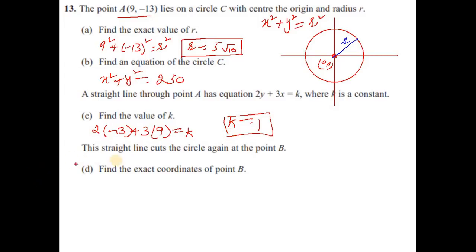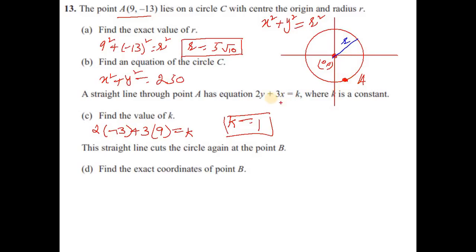The straight line cuts the circle again at the point B. Find the exact coordinates of the point B. So the situation is this: point A, which is (9, -13), is somewhere here. This is point A. And this line 2y plus 3x equal to k is passing through somewhere.